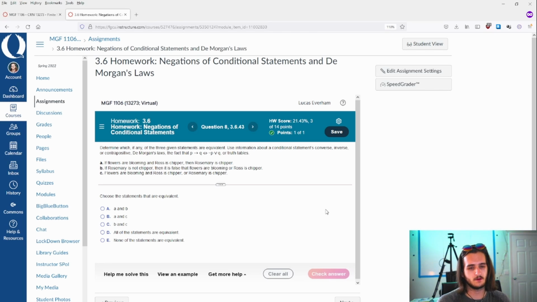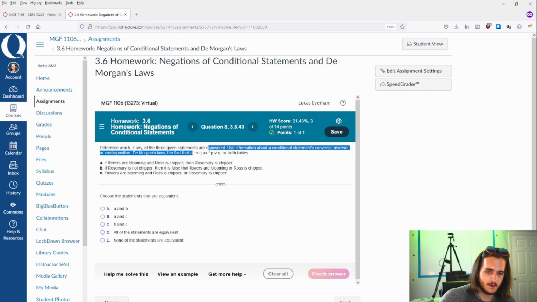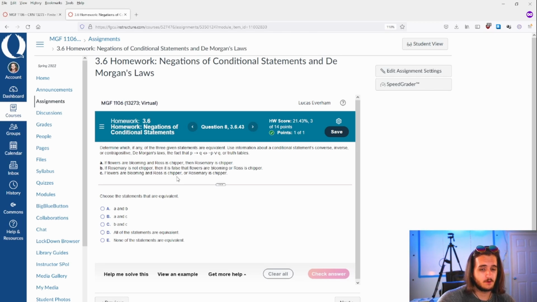The only ones that could have any real relationship might be something going on between that and doing something else there, in terms of this connection, that if P then Q is the same as not P or Q. But the problem here is that if not P, so if not R technically, then it is false for the other part. So Q here would be flowers are blooming or Ross is chipper.